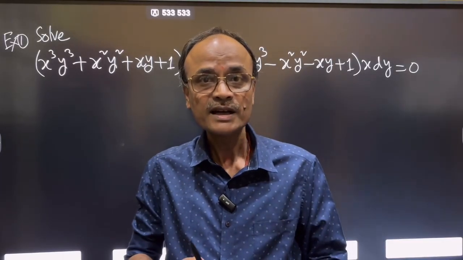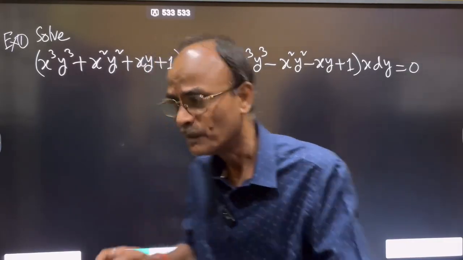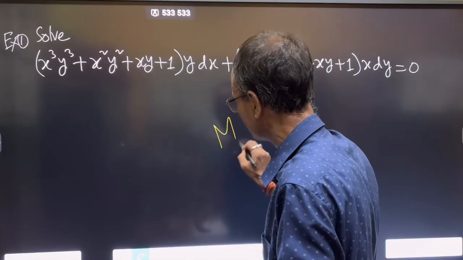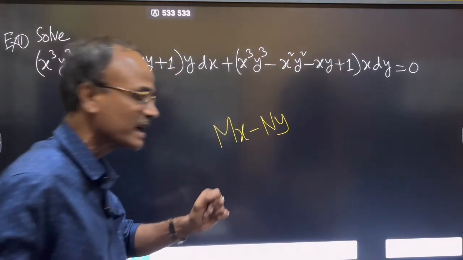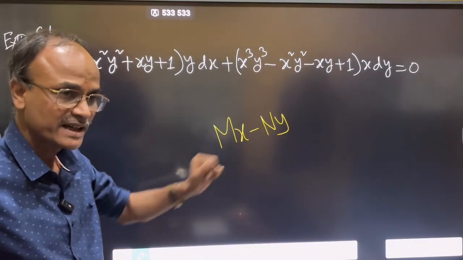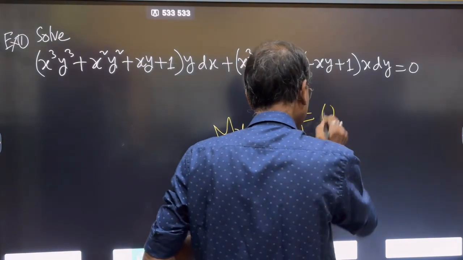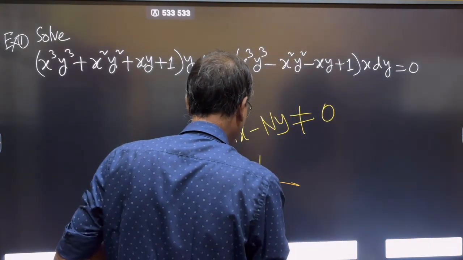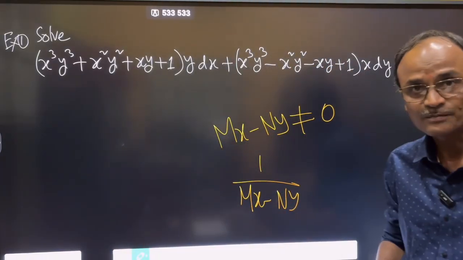Then we found Mx minus Ny. If it is not equal to 0, then 1 by (Mx minus Ny) is the integrating factor.